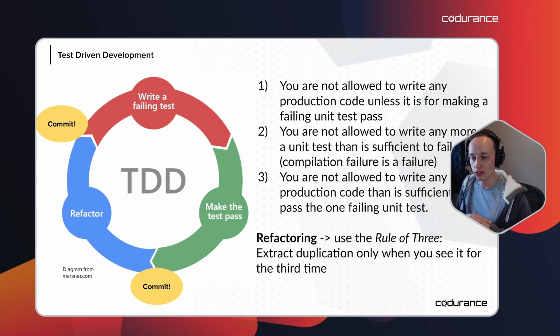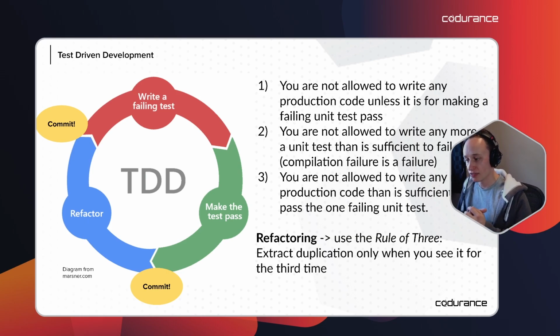And you're not allowed to write any more production code than is sufficient to pass the one failing test you have. It's always very tempting to go beyond and start implementing other things you know will probably be necessary, but it's really best to leave that alone and write the test first and not go getting ahead of yourself until you've written the next test.